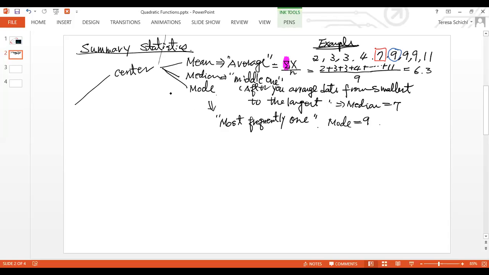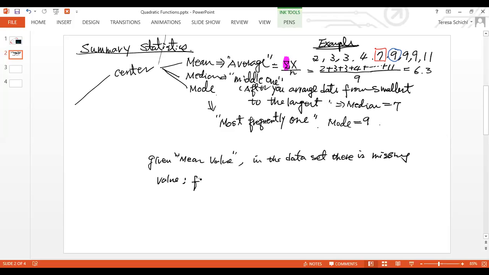The second type of SAT problem about the mean, the most frequent one, is when they give you the mean value. Given a data set, there is a missing value, and I want to find the missing value.